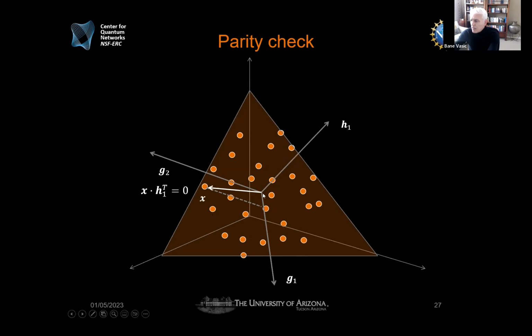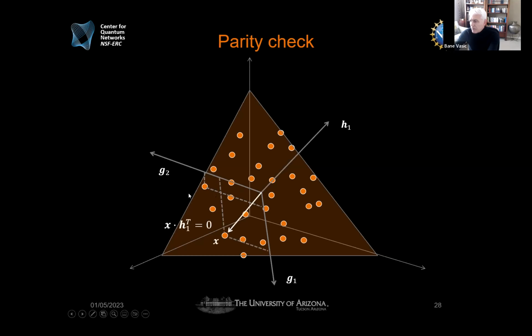If I receive a code word, when I project it to vector H, to any of the orthogonal vectors, the result will be 0, and this indicates correct transmission.